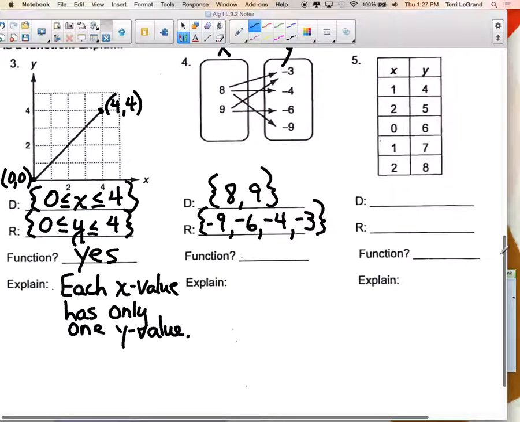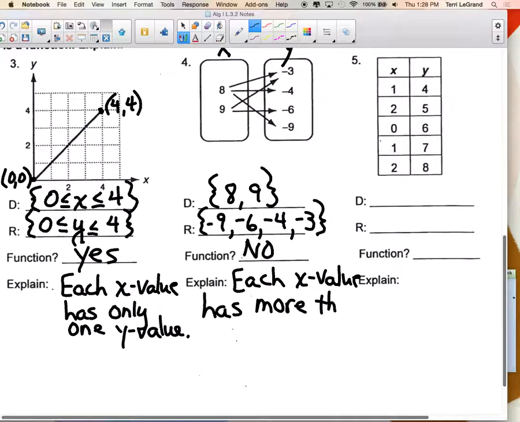And the next question, is this a function? No. Why not? Each x value has more than one y value. We only have 2 x values, and both of them have more than one y value. So we would say each x value has more than one.